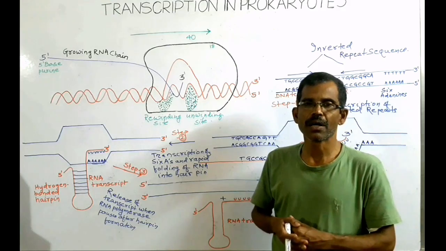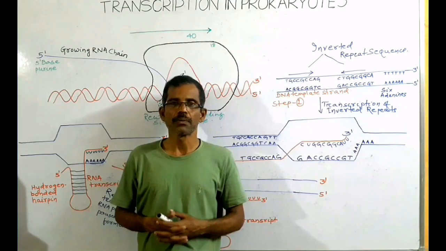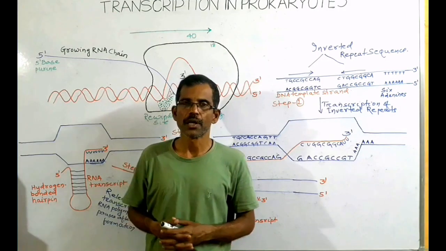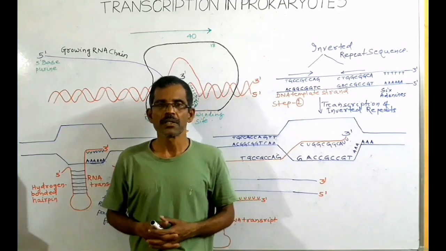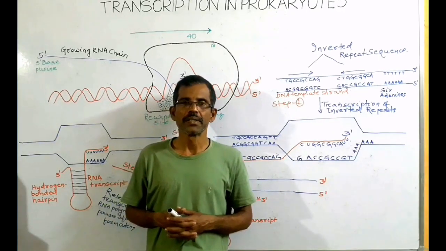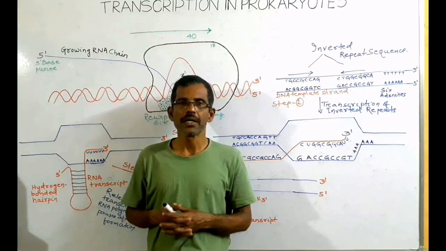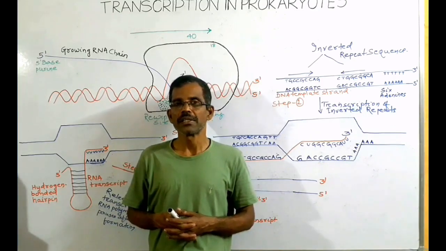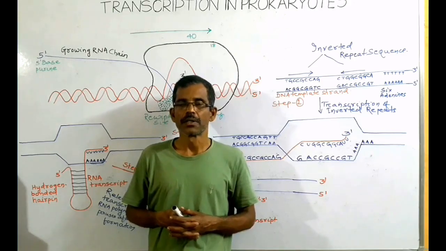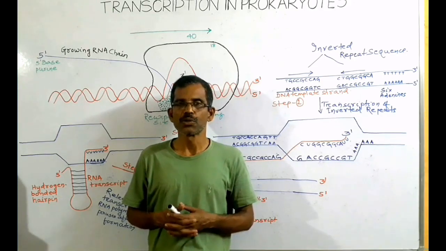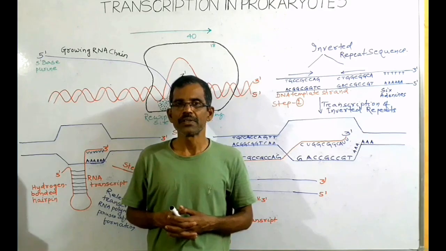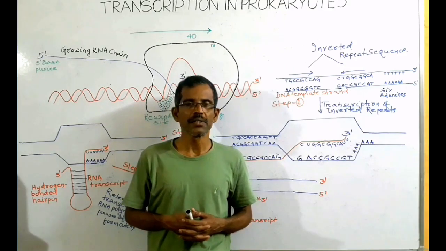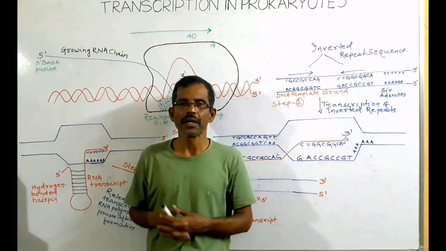This is about elongation. The last stage of transcription is termination. Termination occurs when the enzyme RNA polymerase encounters a termination signal. When this occurs, the transcription complex dissociates and the enzyme RNA polymerase is separated from the DNA.